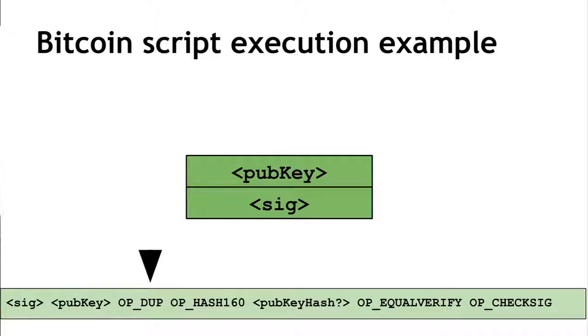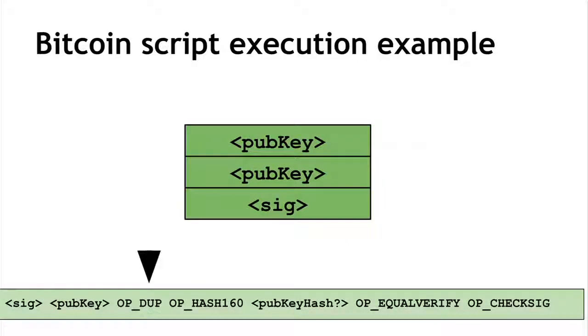So this duplicate instruction, OP_DUP, says simply take the value that's on the top of the stack, pop it off, and then write 2 copies back to the stack. So we're just going to duplicate that public key. The next instruction, HASH160, says take the top value on the stack and compute a cryptographic hash of it. So this top value is going to be converted from the public key into a hash of the public key.